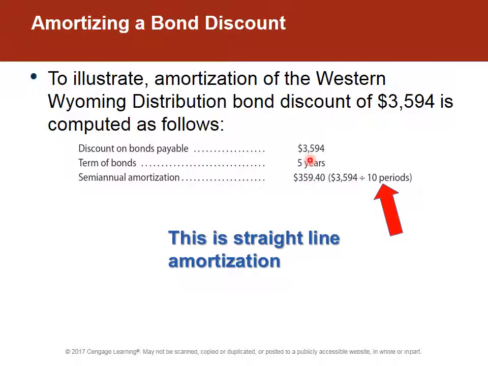This discount in this calculation is $3,594. This is similar to the exact same problem in part 2 of 3. And since it's a 5-year bond, that's 10 periods. So let me talk back through that hiccup again. This is a 5-year bond paying semi-annual interest. That means they're going to pay interest 10 different times.